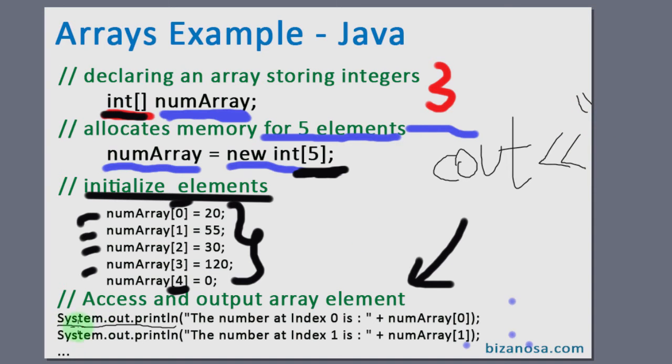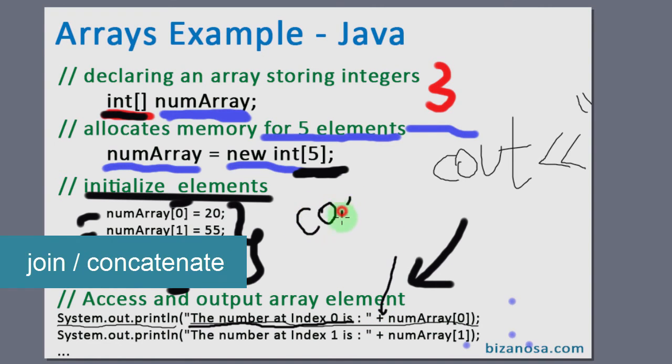Now System.out.println will output this for us. And the first thing here is just text that will be displayed on the screen, and it will display "the number at index 0 is", and then plus, this plus right here, this is a join or a concatenation.